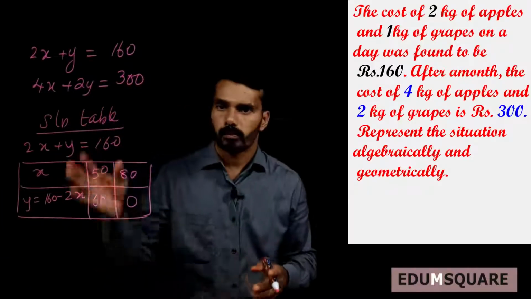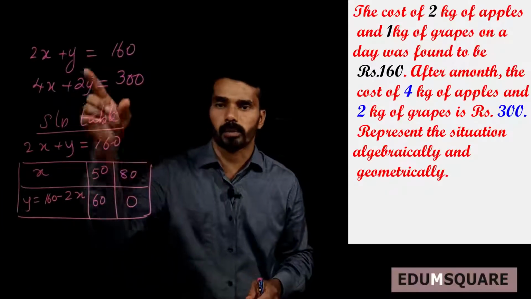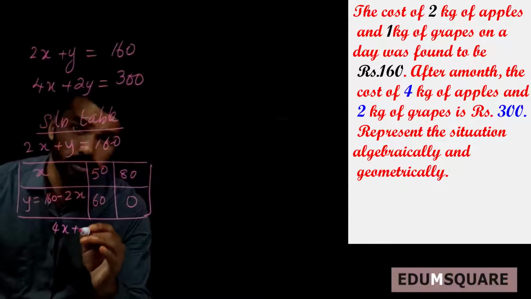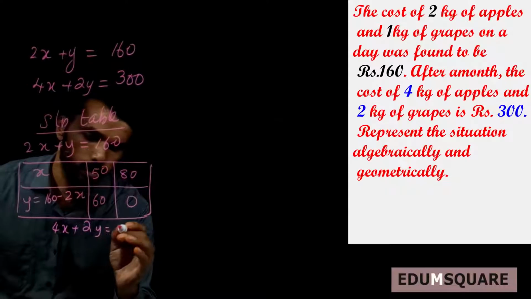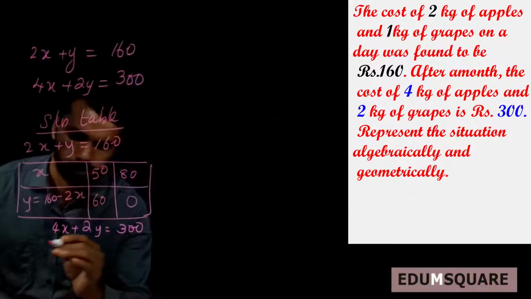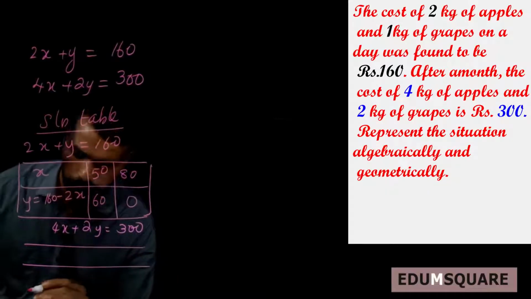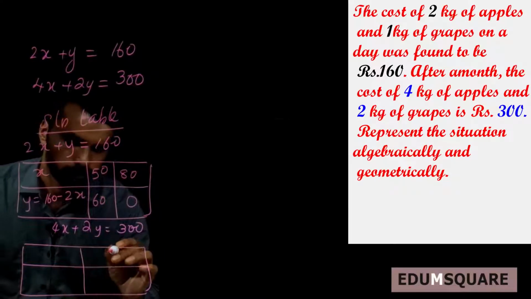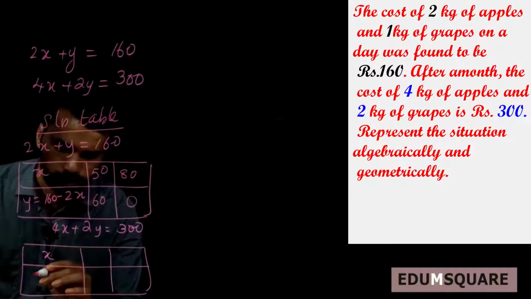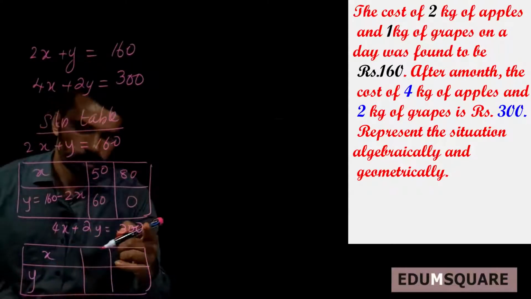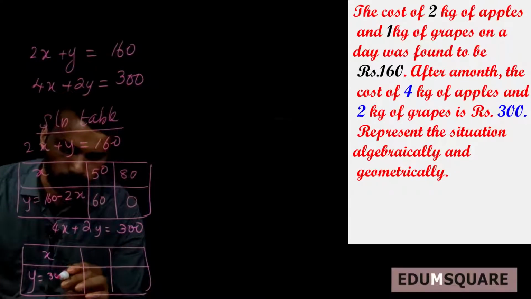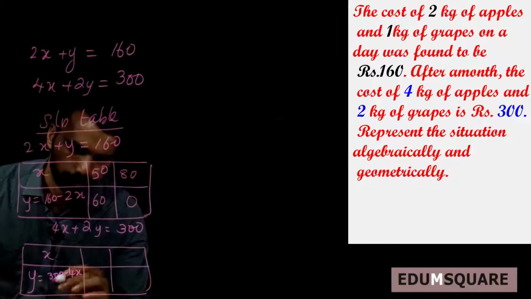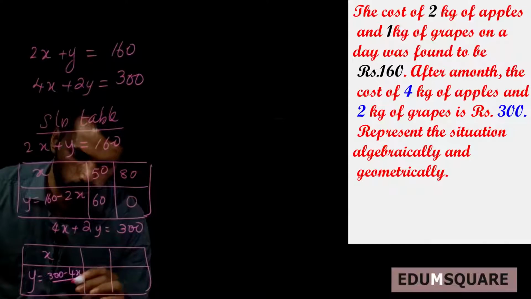Now let us form the solution table for the second equation. What is the second equation? 4x plus 2y is equal to 300. Here x, what is y there? y is equal to 300 minus 4x divided by 2.